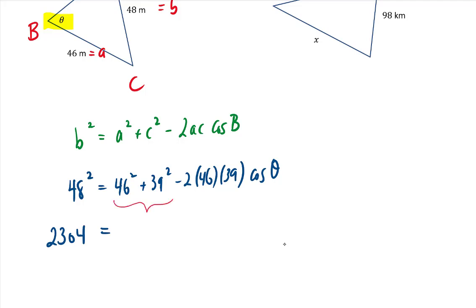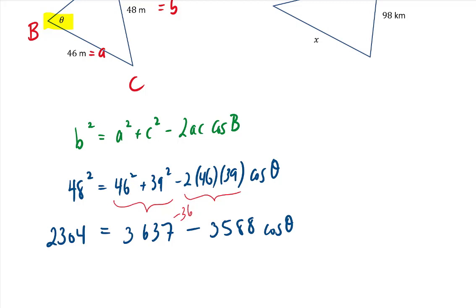Next, using our calculator, 46 squared plus 39 squared is equal to 3,637. And the next thing is to multiply these three numbers. And that gives us 3,588 cosine theta. Remember, for this one, the cosine theta is attached to that 3,588.